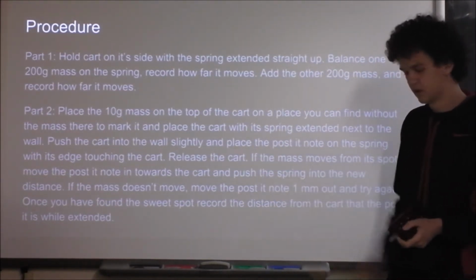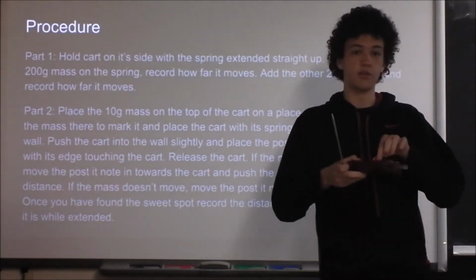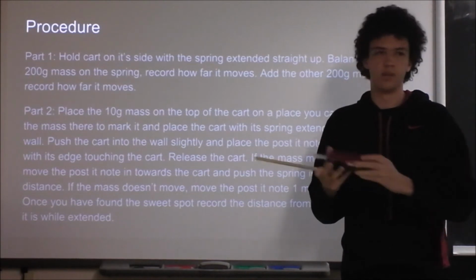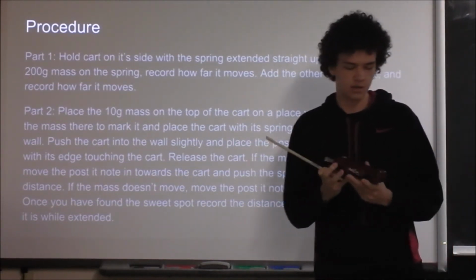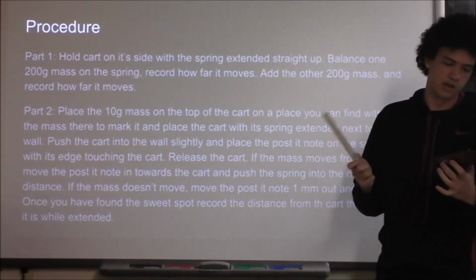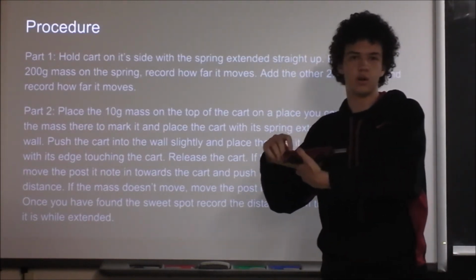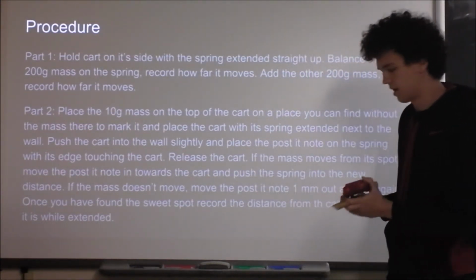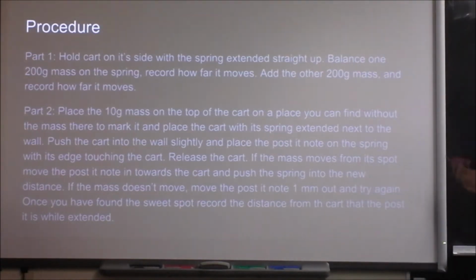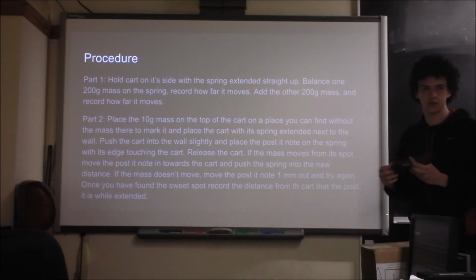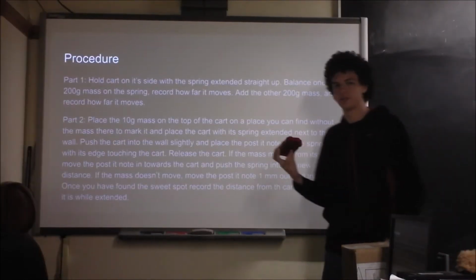Then part two was I placed the 10-gram mass on top of this, on a place where I could recognize if it moved or not. I placed it with its back touching this back wall right here. Then I would push it into the wall, place the Post-it note on the edge, kind of like I'd done before, and release it.